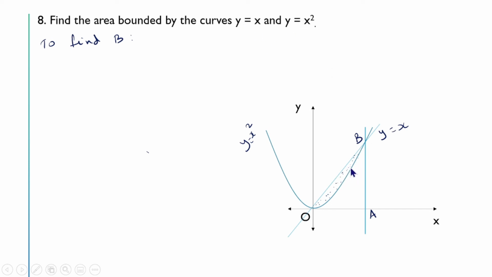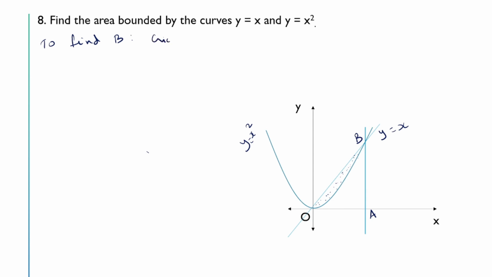Since this is the curve y equal to x square and this is the line y equal to x, when we solve these two, we can find the point of intersection of these two curves.